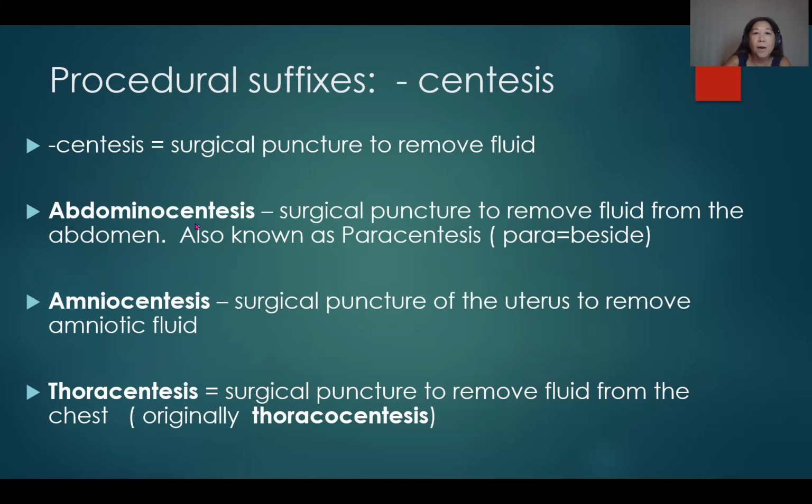Abdominocentesis is just when a patient has fluid in the abdomen, and you do a surgical puncture to remove the fluid from the abdomen. They usually put a big syringe, a needle, into the abdomen and pull out the fluid. This is sometimes also known as paracentesis, para meaning beside.